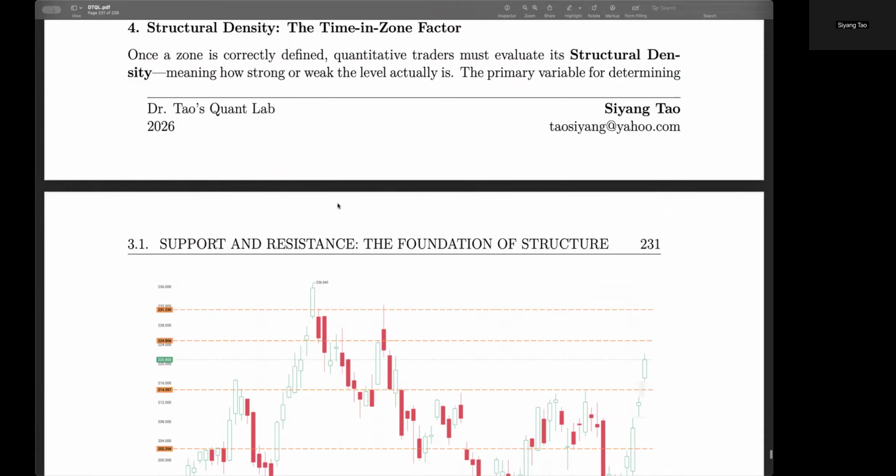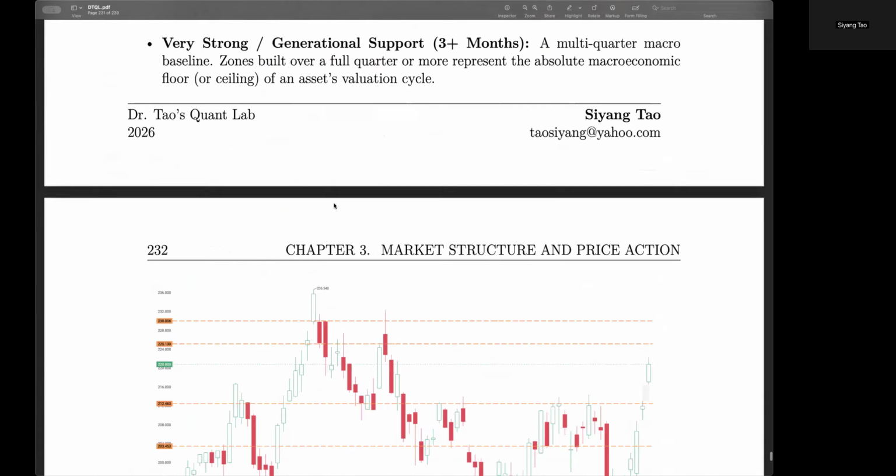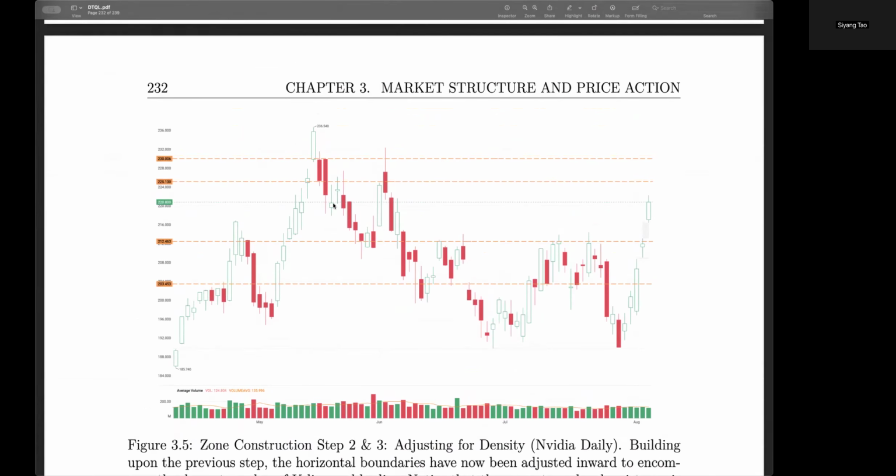All right. So now look back at the Nvidia chart. The upper resistance zone is relatively thin. Just this area and a little bit here. But the bottom support zone is thick and blocky. Not all zones are created equal.